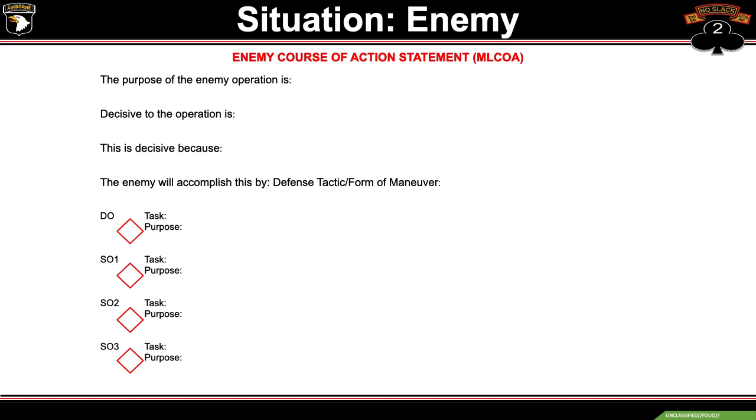So DO, SO1, SO2, SO3, that means DO is decisive operation, SO1 is shaping operation 1, then 2 and 3. So just showing who they have on the lineup, with their tactical task and their purpose for why they're out there and why they're fighting.